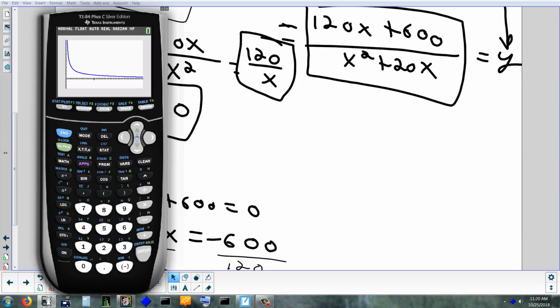At first it does, but once she hits somewhere around 10 miles an hour, it doesn't really matter if she drives 10 or she drives 30, because it's going to take off a little bit of time, but it's already dropped way down. So driving a little bit faster isn't really going to make a big difference. Okay.